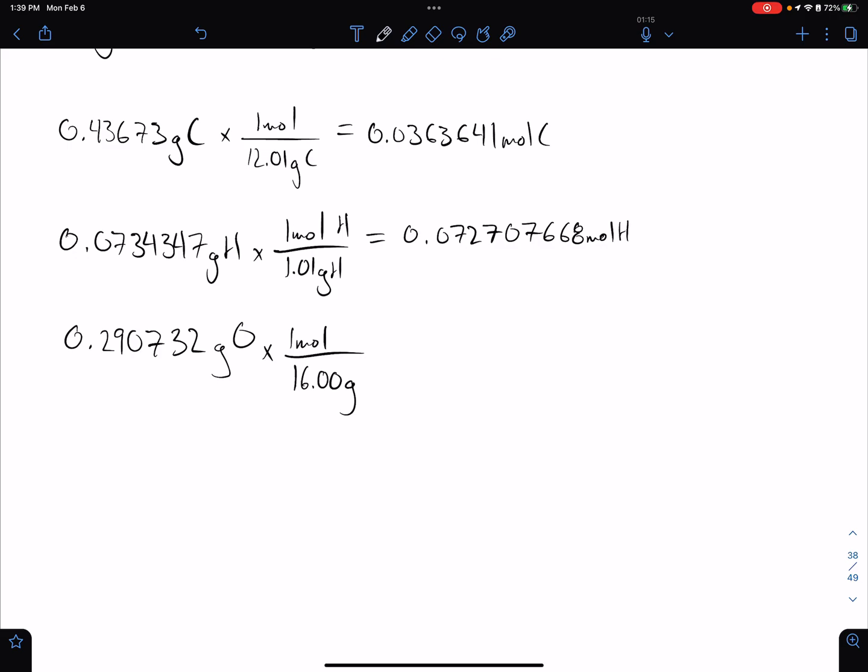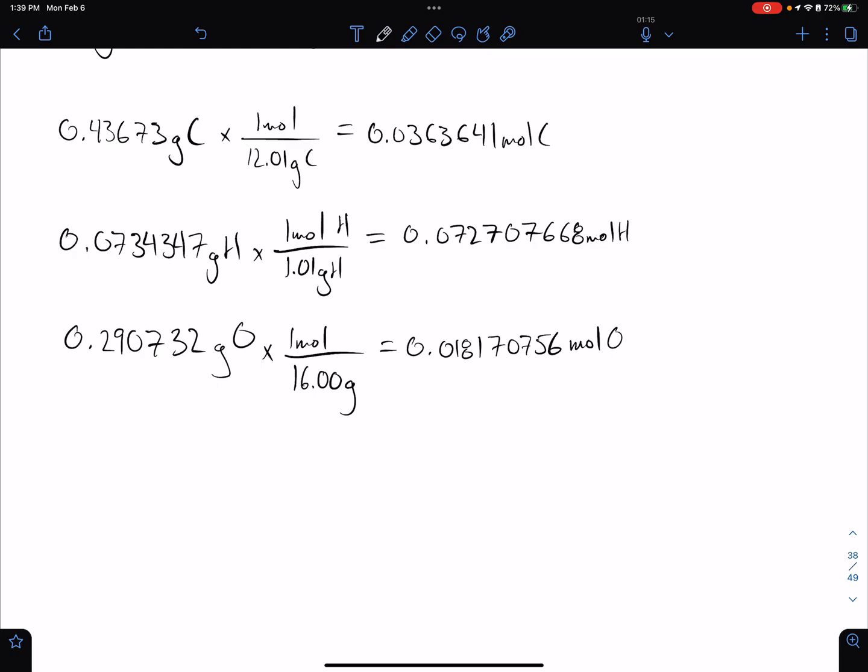Moles of hydrogen. And then the mass of the oxygen divided by 16 equals 0.018170756. Again, writing out just really too many digits, just to be safe.